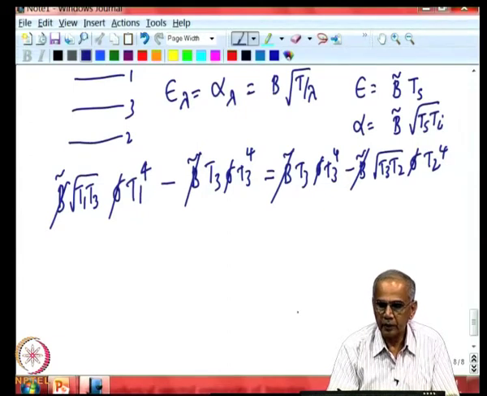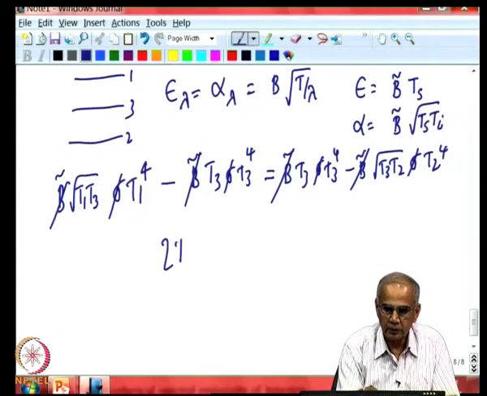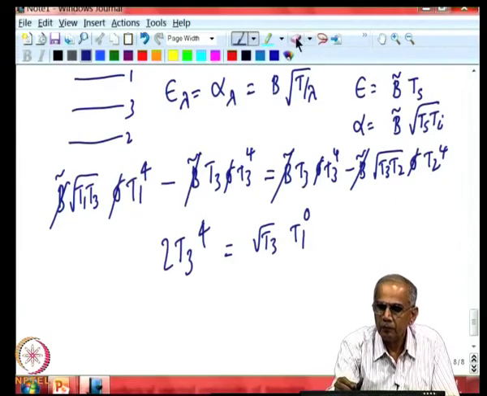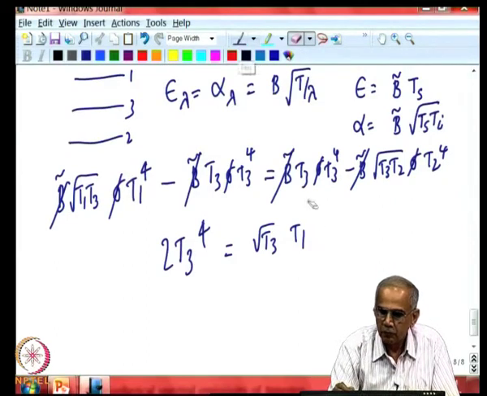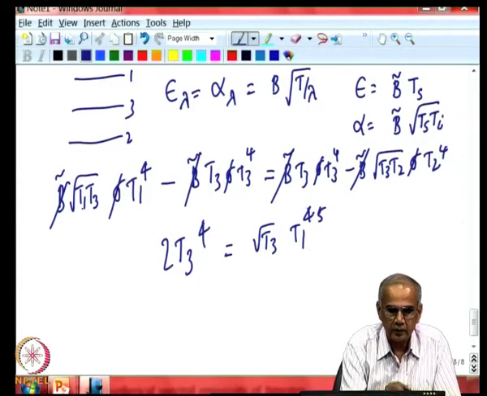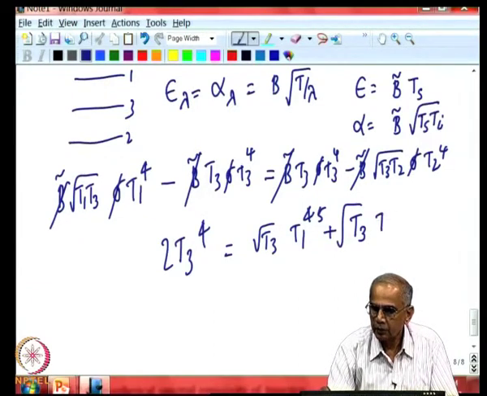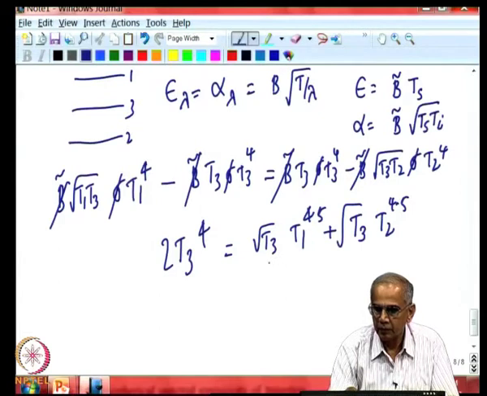So, what you obtain is 2 T 3 to the power of 4 is equal to root T 3 T 1 to the power of 4.5, plus again root T 3 and T 2 to the power of 4.5, divided by 2.